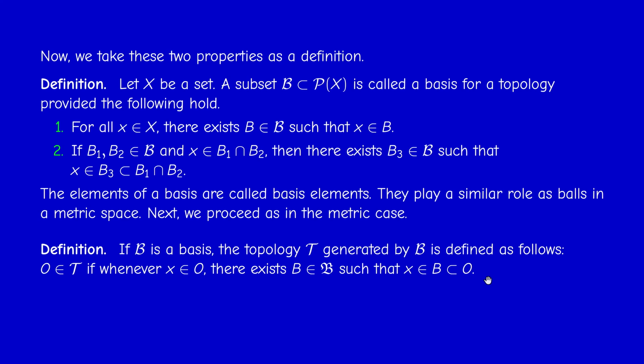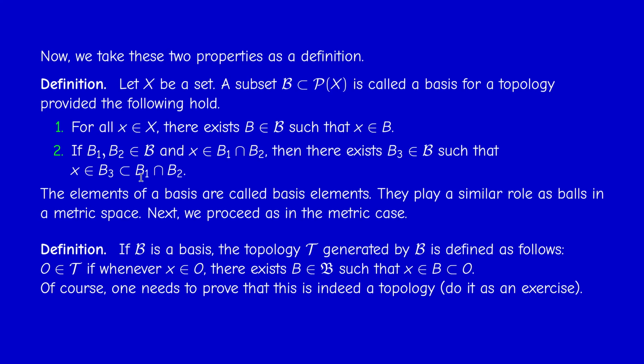But now we just have to check that this is indeed a topology, and it's here where we use conditions 1 and 2. So please do it. It's just a copy-paste of the proposition that we started with in the beginning of this video. So you do it. So it's indeed a topology, and it's called the topology generated by calligraphic B.